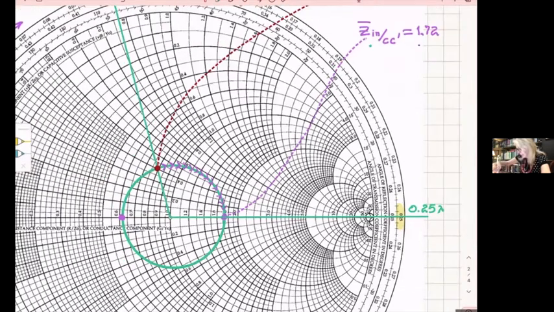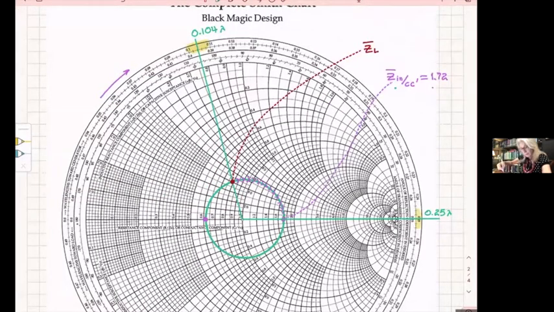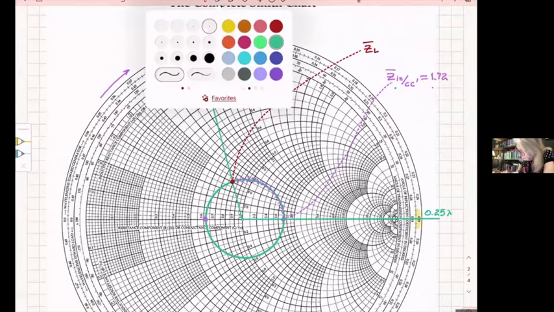And the distance between these 2 points, I will do it like that.